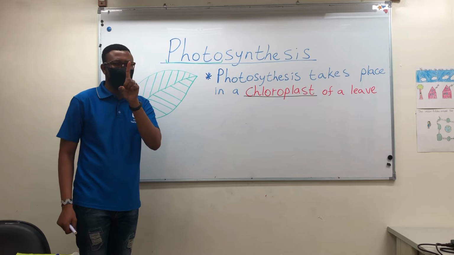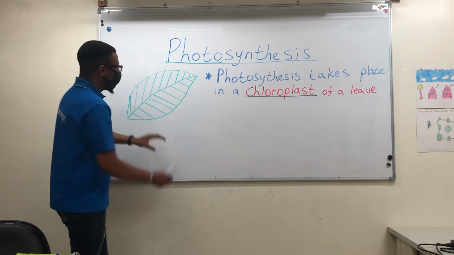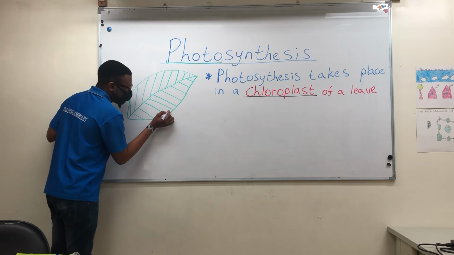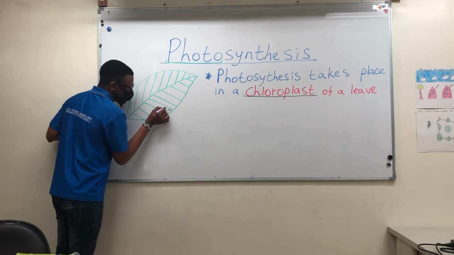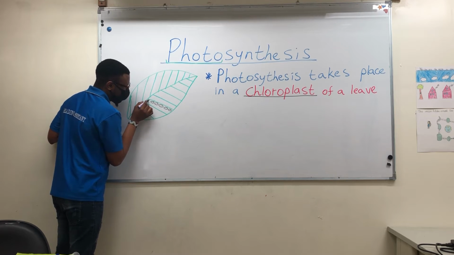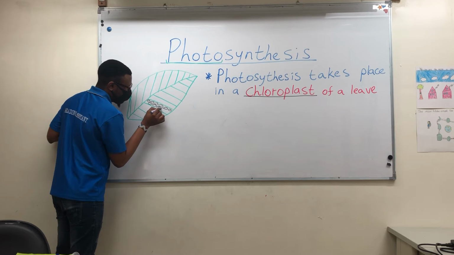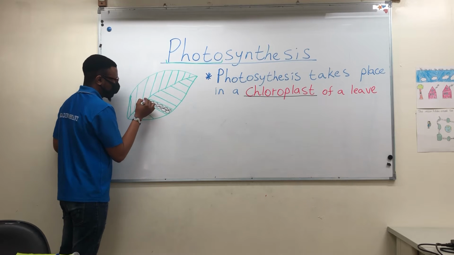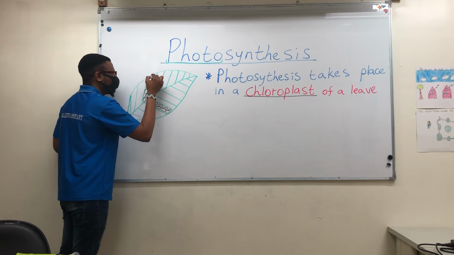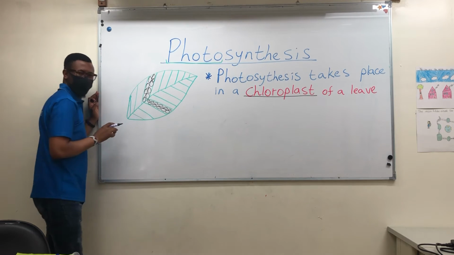What is a chloroplast? Now, when we look into our leaf, it has small spaces. If you take a microscope, you will see that your leaf has something like this. It has small cells, like this.